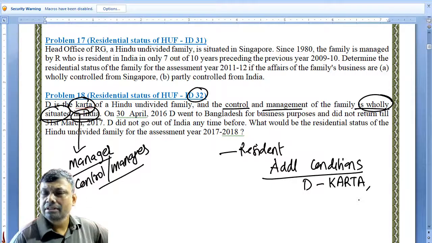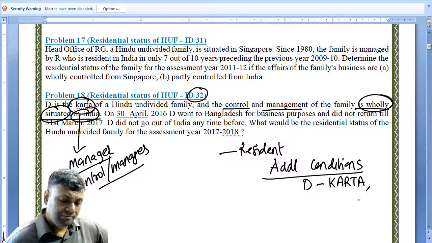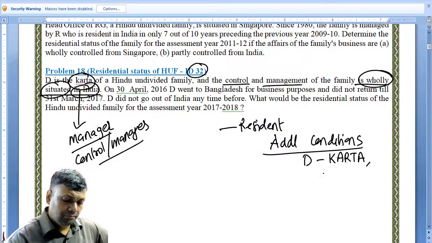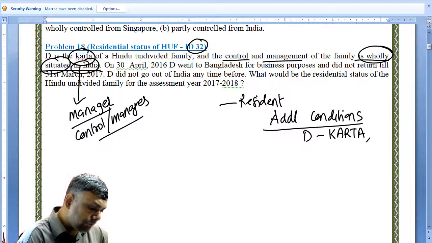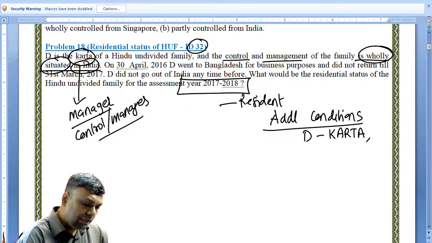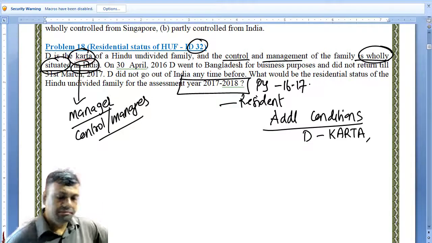Why logically D, the Karta? Because additional conditions are basically personal things like stay in India, so only individuals can do that. And you have to test it for the assessment year 17-18, that means previous year 16-17.